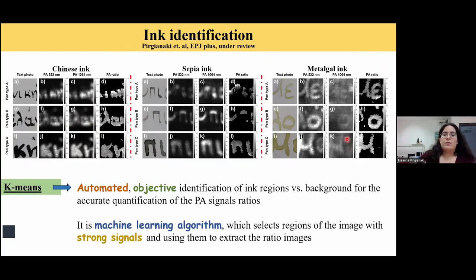We tried to find an automated and objective identification of ink versus background for the accurate quantification of the photoacoustic signal ratios. So we used k-means, which is a machine learning algorithm that selects the regions of the image with stroke signals and uses them to extract the ratio images.